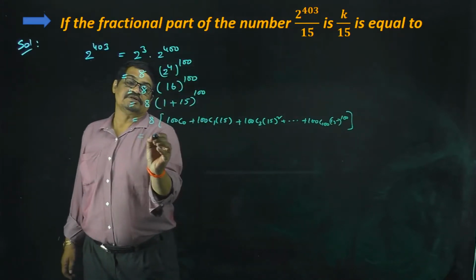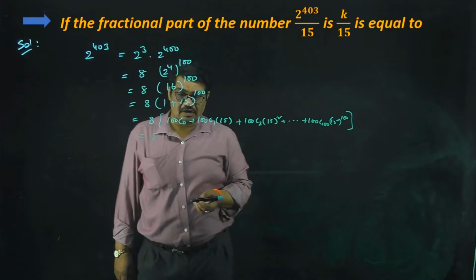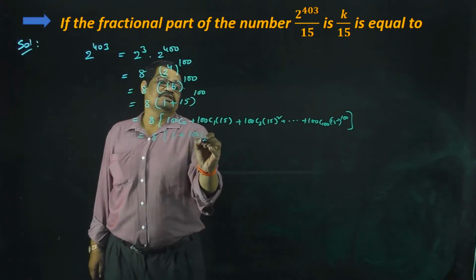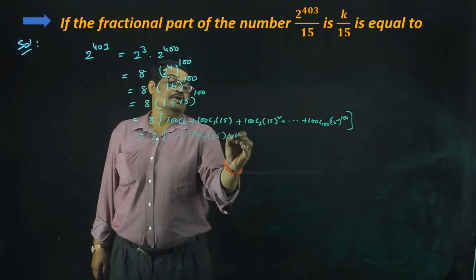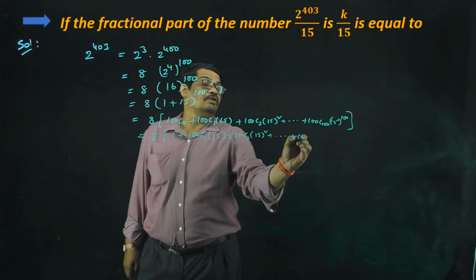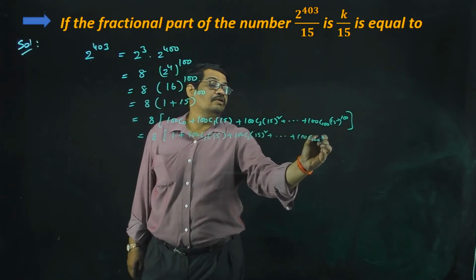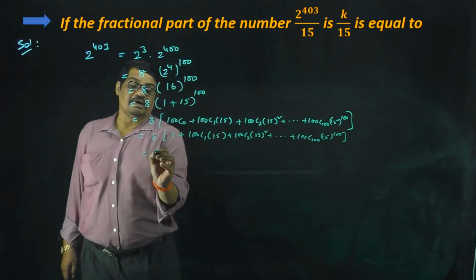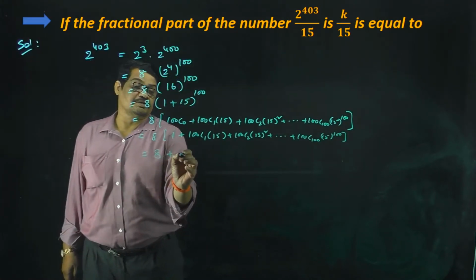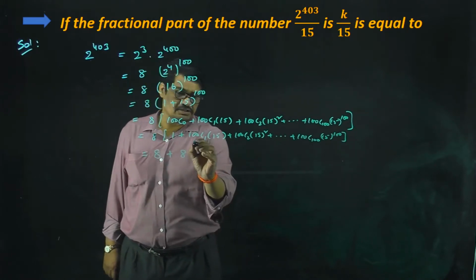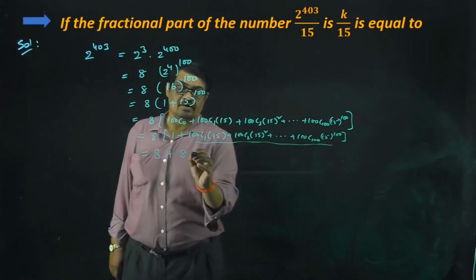Now what is 100 C0? That is nothing but 1. Here we have 100 C1 15 plus 100 C2 15 square and so on, 100 C 100 15 to the power of 100. Now this can be written as 8 plus 8 into, in these terms 15 will be common.